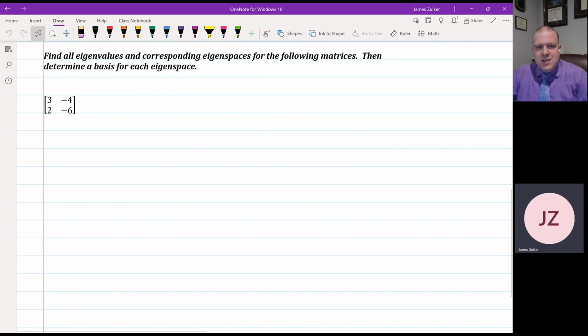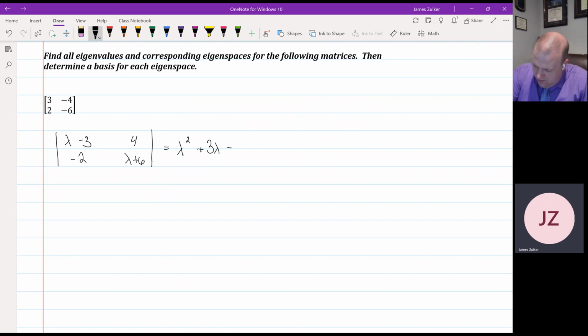So the first thing we want to do is find the characteristic polynomial. We need to take the determinant of lambda minus 3, 4, negative 2, and lambda plus 6, and we get as our determinant lambda squared plus 3 lambda minus 10, set equal to 0.